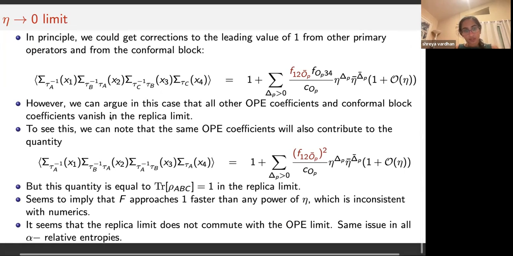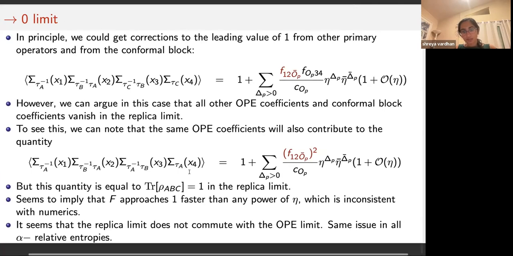And we can also look at a different 4-point function where we essentially just reflect these first 2 twist operators. The reason this is useful is that the same OPE coefficients which appear here will just appear squared in this 4-point function.